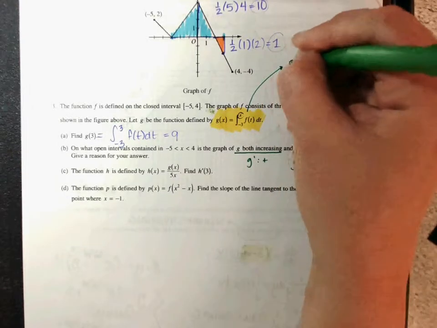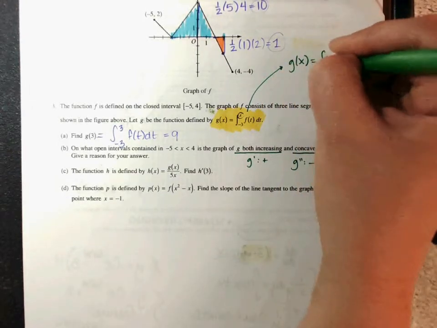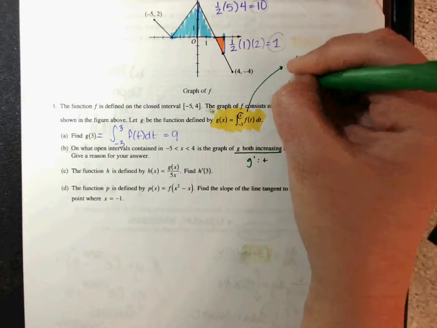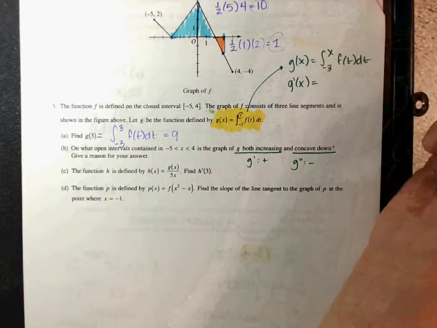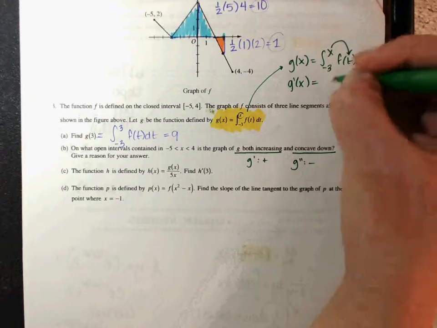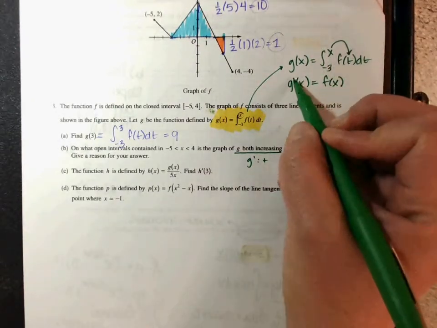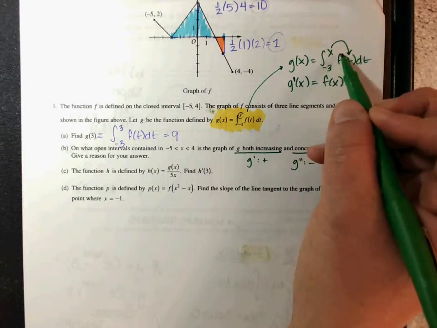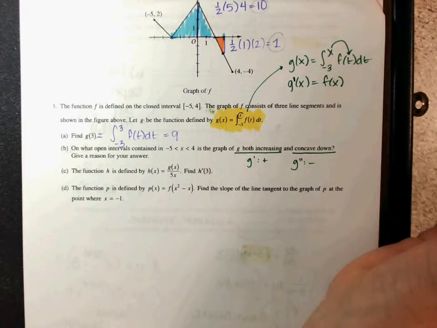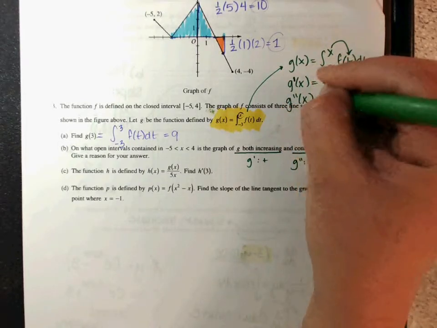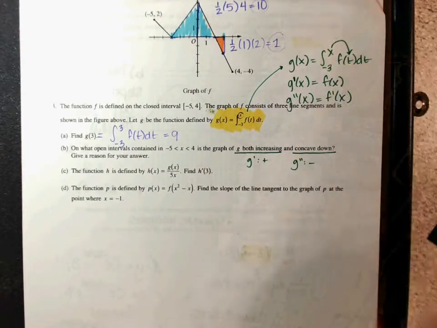So if g of x is the integral from negative 3 to x of f of t dt, that means that g prime of x is going to be, take your x, plug it in, f of x. Because remember, when I take the derivative of an integral, it doesn't change my equation, it only changes my letter. Okay, then g double prime of x is f prime of x.